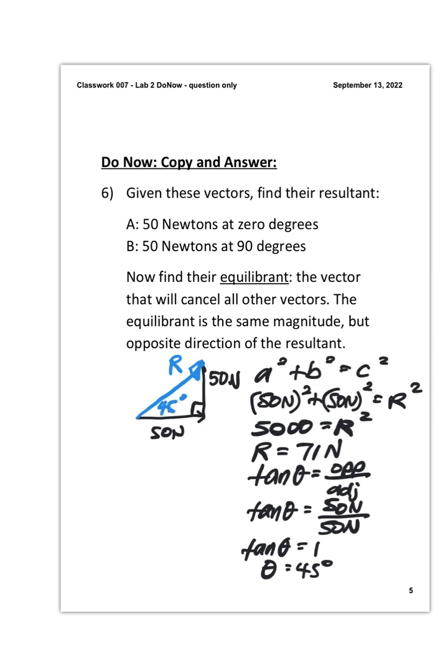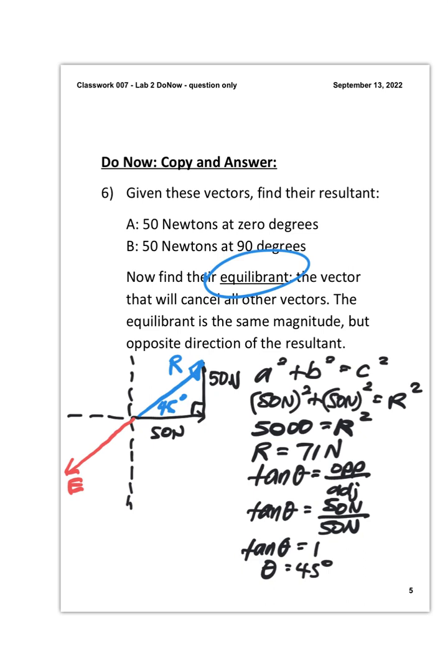Now the equilibrant, what is the equilibrant? This is the vector that will cancel all other vectors. The equilibrant is the same magnitude, but the opposite direction of the resultant. So if that resultant is in the first quadrant, then the equilibrant going the other way is in the third quadrant.